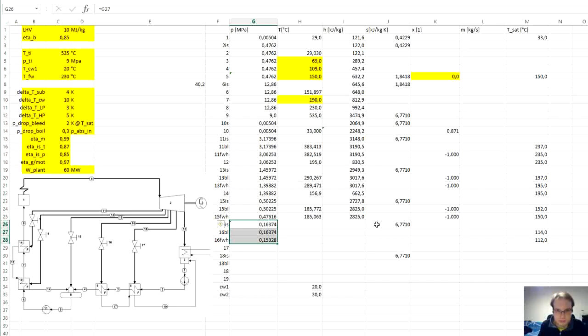Now from the pressure and entropy we get enthalpy. We get actual enthalpy, accounting for the turbine efficiency.